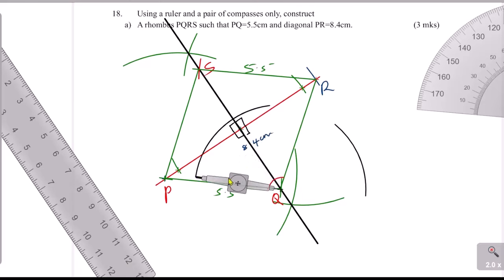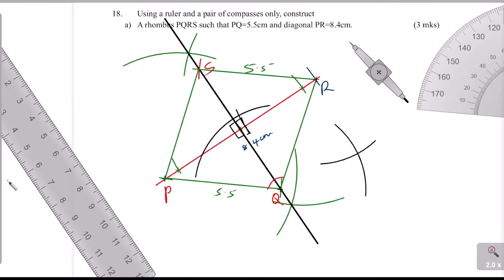Extend that one a little bit. Then with the same radius, without changing that, go to R, and then cut that arc there, and then cut the other one below, like that. So now you can see the point of intersection of the two. So there's this point and there's this point.